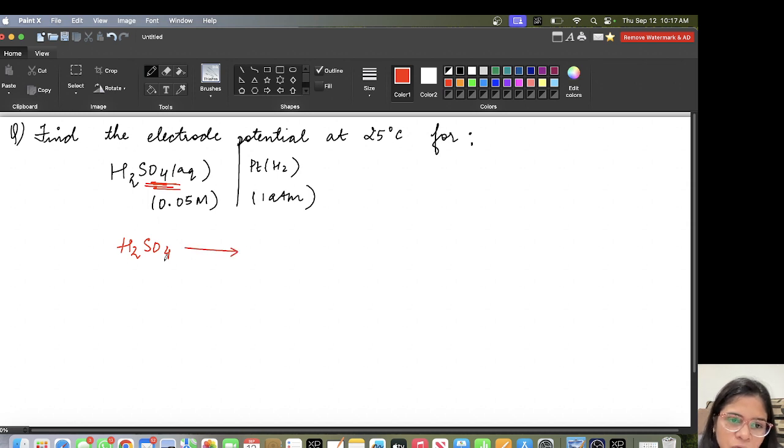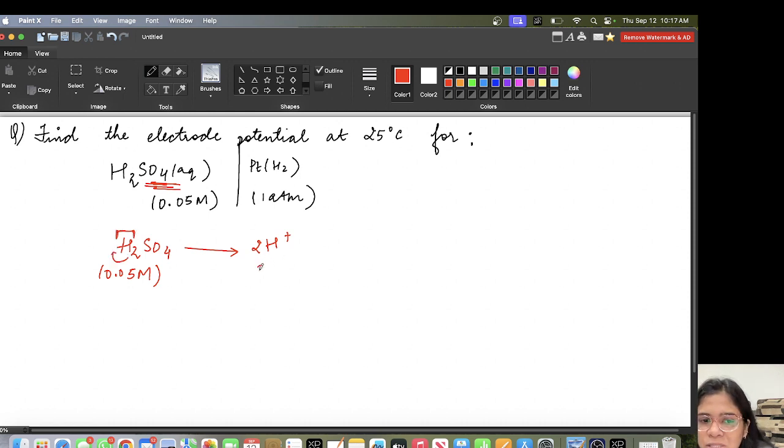So H2SO4, what is the molarity given? 0.05 m. It is breaking down into 2H+ here, right? So what does it mean? You need to go through your mole concepts again for this clarity. H2SO4 is breaking down into 2H+, because there are 2 hydrogens, so 2 will come here.